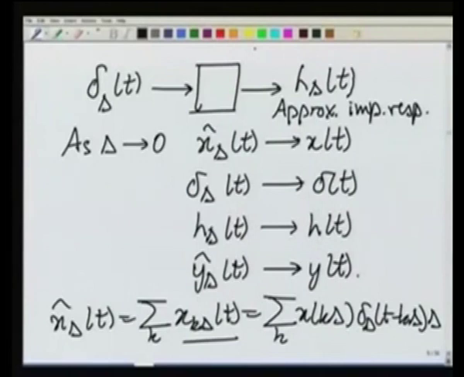δ_Δ(t − kΔ) will become a shifted Dirac delta function occurring at some point, and x(kΔ) is the point at which x has been sampled at the points kΔ, and these will become more and more numerous and will populate the entire real axis as k becomes larger and larger for all values of k as Δ gets smaller and smaller.